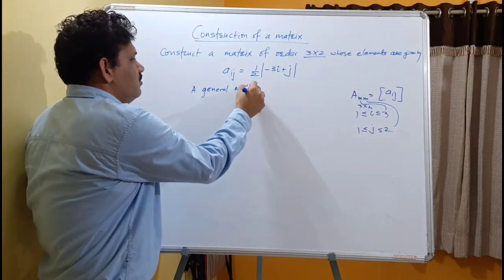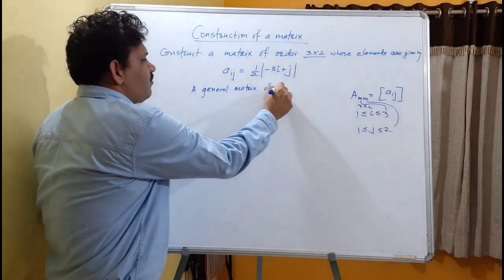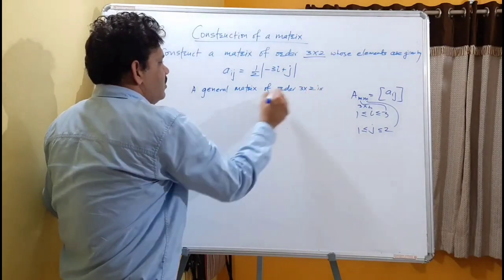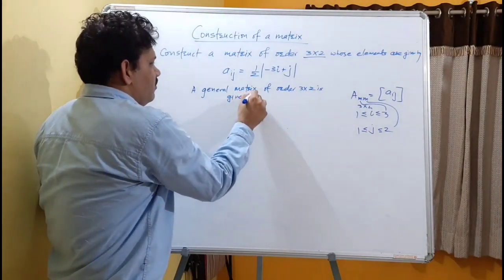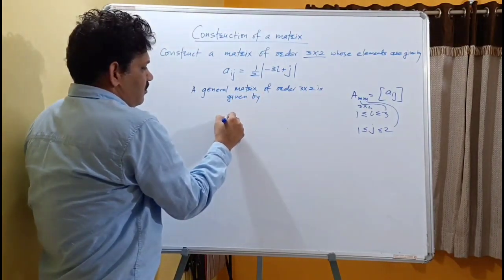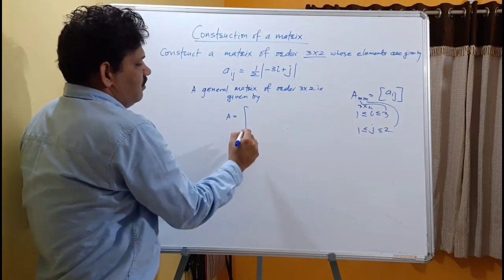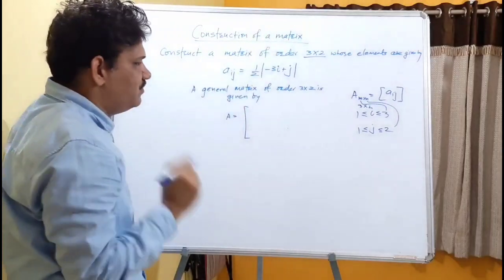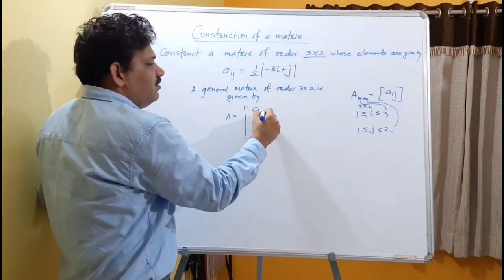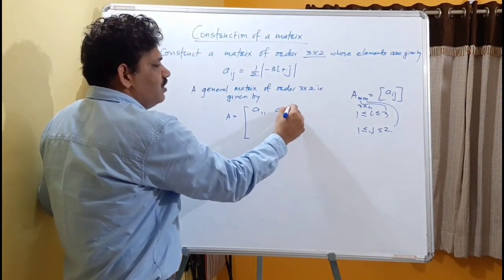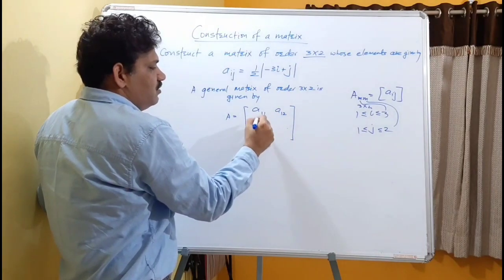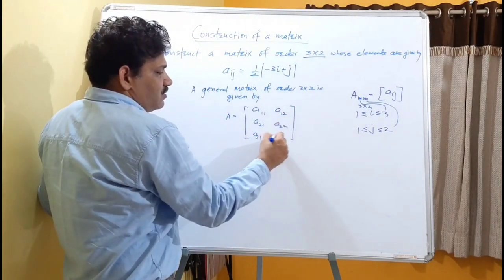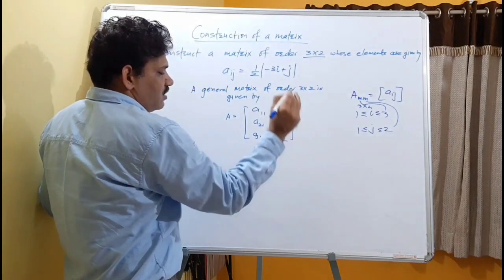A general matrix of order 3 by 2 means we have 3 rows and 2 columns. So A11, A12, only 2 columns we need, A21, A22, third row first column, third row second column.